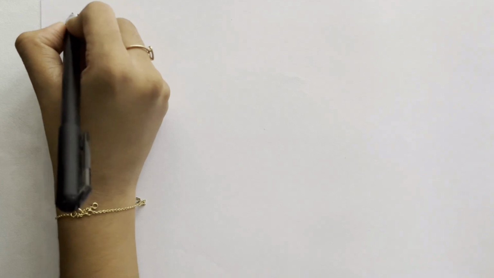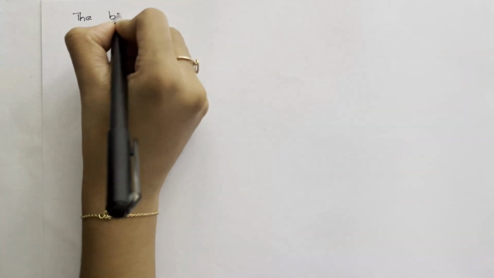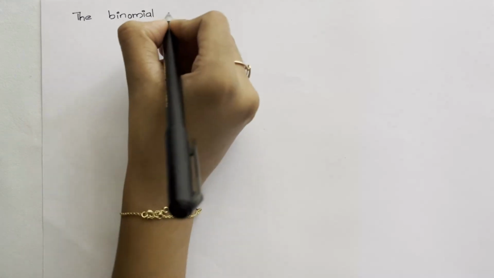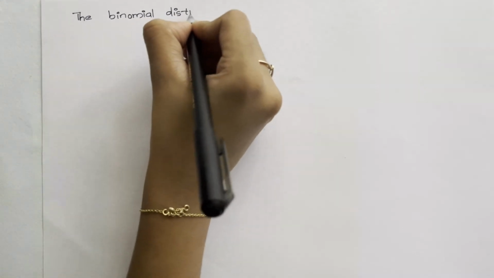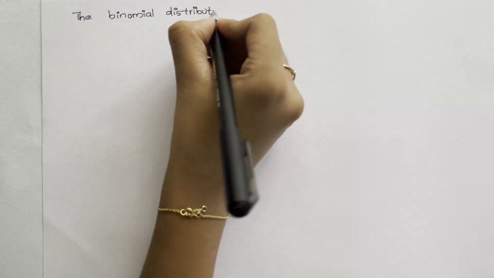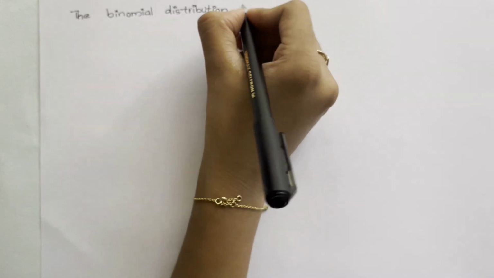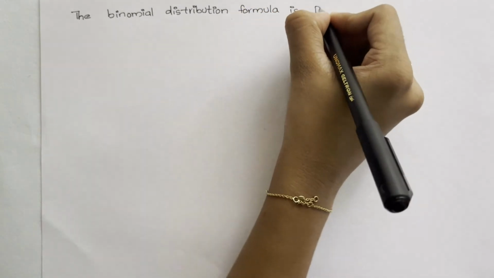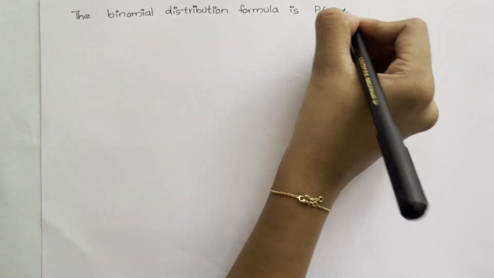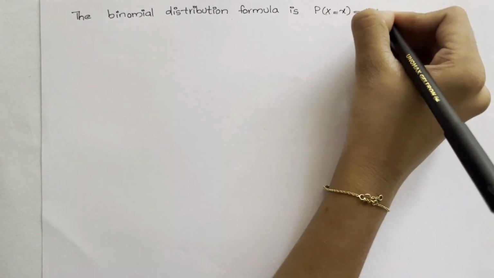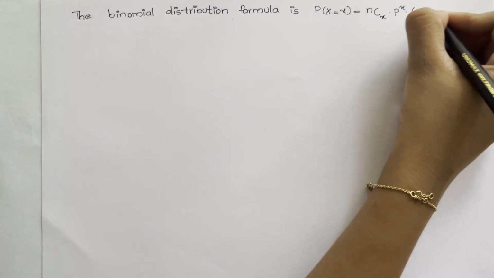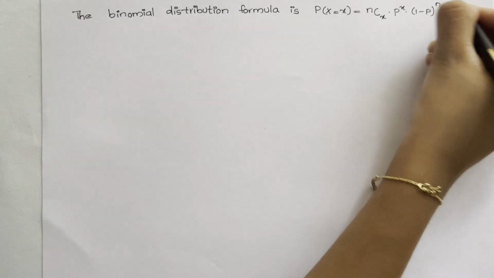Thus, the binomial distribution formula is P of x equal to nCx into p raised to x into (1 minus p) raised to n minus x.